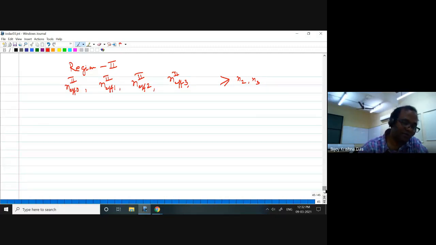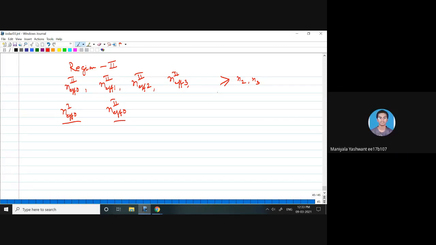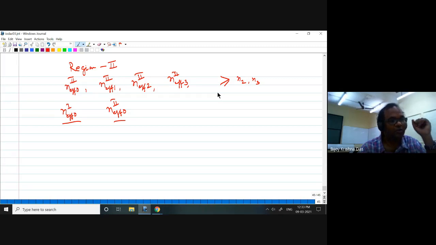Suppose I compare n effective 0 for region 1 and n effective 0 for region 2, which one will be higher? Region 2, yes, that will be higher.